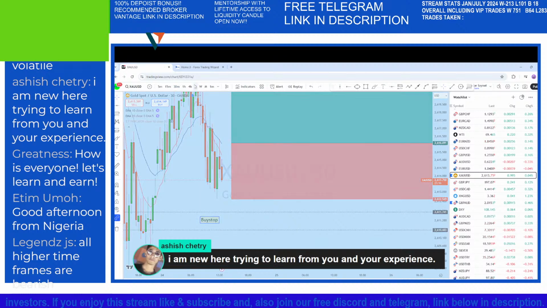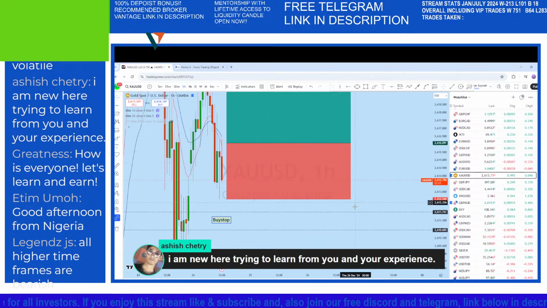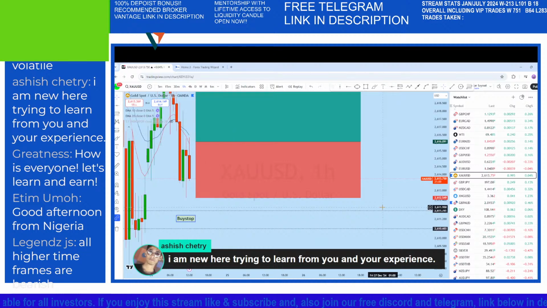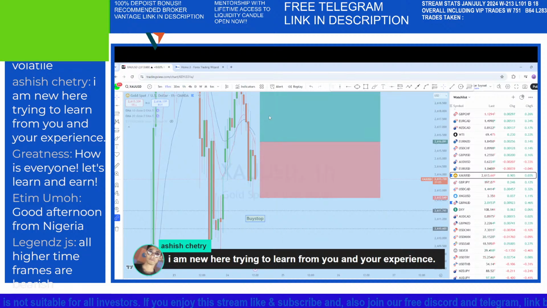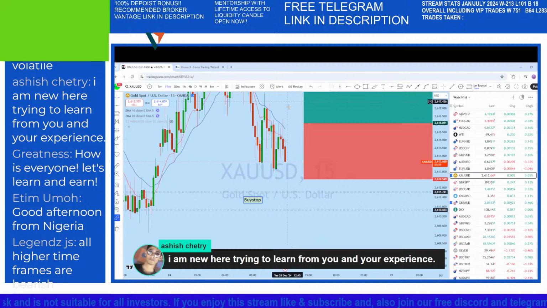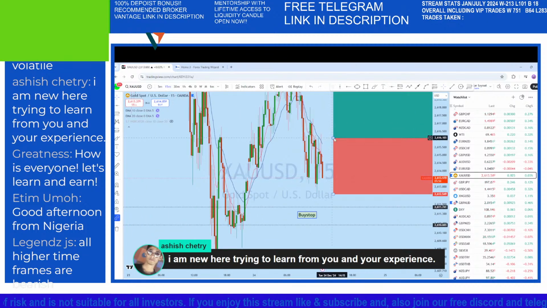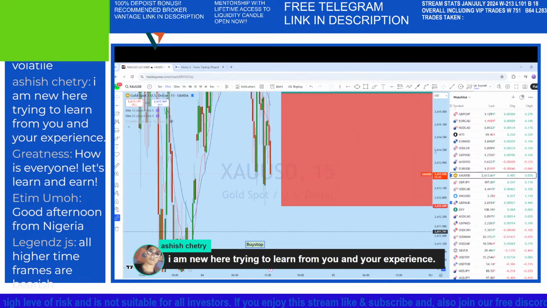If you look at the daily, here is the daily support. Price might be remaining downside here.